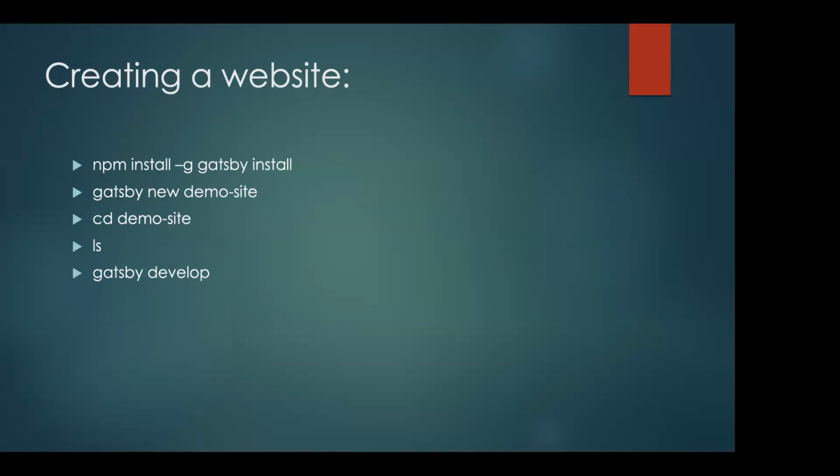Moving on, let's create a website and then push it to our GitLab repository, and then let's carry out a set of security checks. As a part of this session, we will be creating a website using the Gatsby tool.